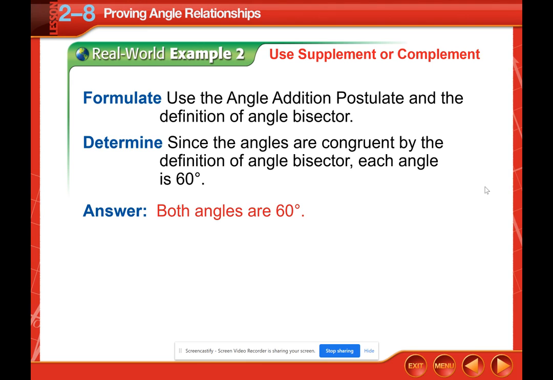Both angles are 60 degrees. We take the angle addition postulate saying that the two of them together will equal the 120 degrees. And we use the definition of angle bisector to know that that's going to cut the larger angle exactly in half. So we have two angles put together, 60 degrees and 60 degrees.